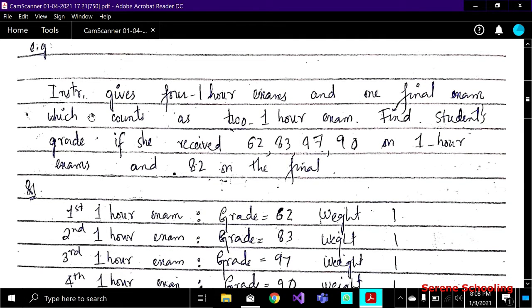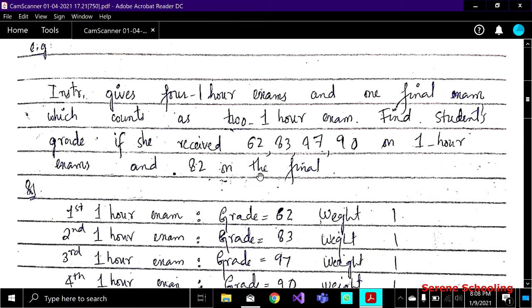So this is the problem. It says that an instructor gives 4 1-hour exams. Now see carefully, 4 1-hour exams and one final exam which counts as 2 1-hour exams. Find the student's grade if she received these scores on the 1-hour exams and 82 on the final exam.